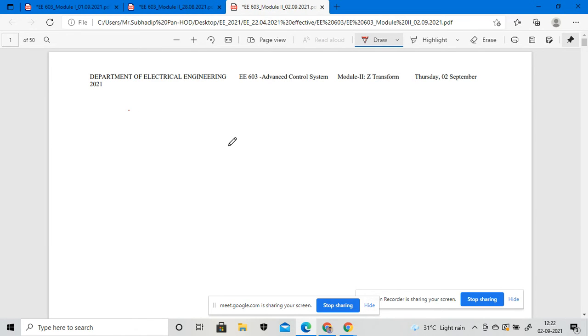Now, suppose we take one example. The example is: obtain the Z transform of a cosine function.